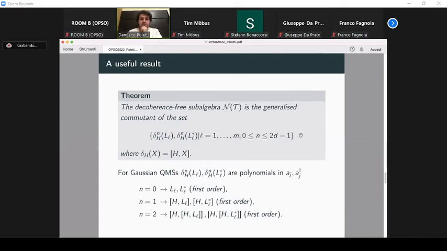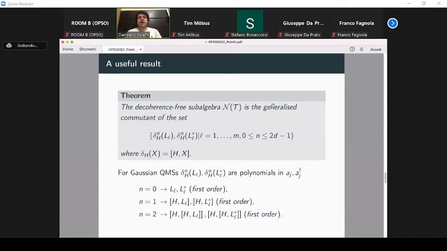It asserts that the decoherence-free subalgebra can be identified by looking at the generalized commutant of this set of operators. So instead of looking at how the semigroup explicitly acts, which is in general difficult to do, one looks at this set of operators that depend only on the operators in the generator, and computes the generalized commutant.